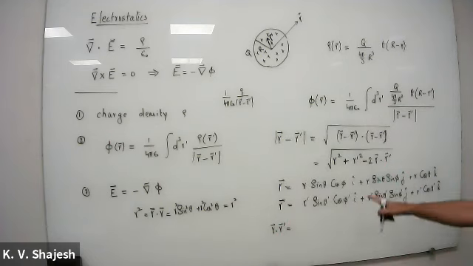Each of the terms will have R and R prime. I multiply sine theta prime. But now there is a cosine phi and a cosine phi prime coming out.